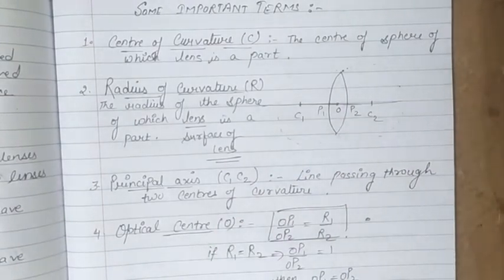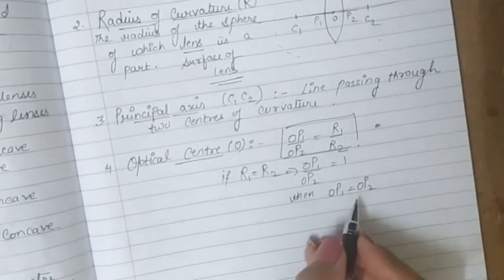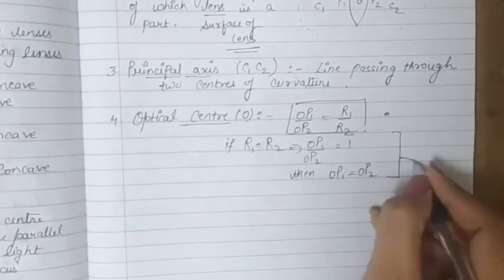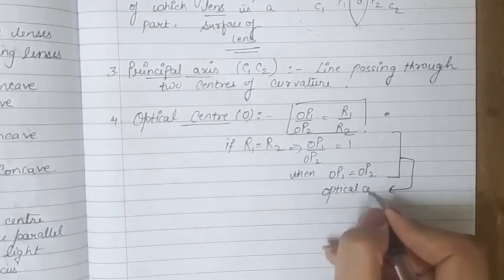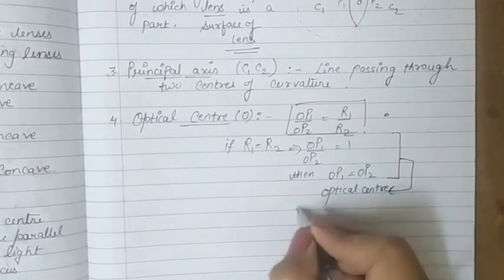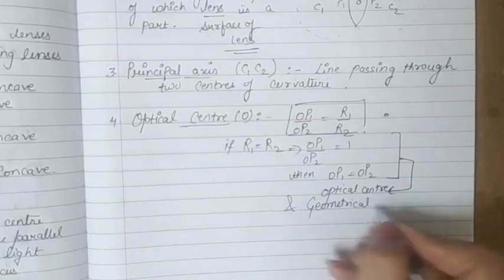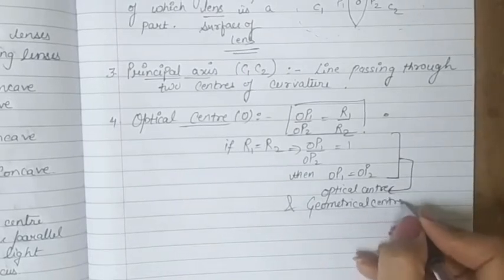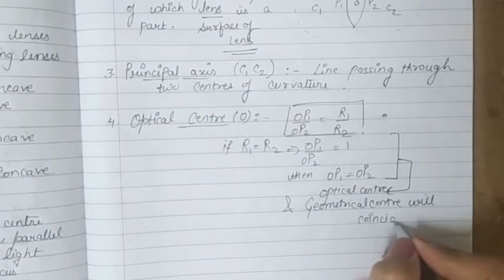Geometric center means according to its geometry it will be the center or exactly middle position. Then in this situation, the optical center and geometrical center of the lens will coincide. We can remember it like this.